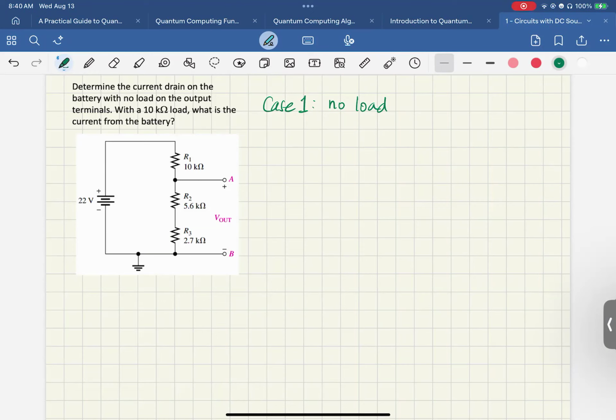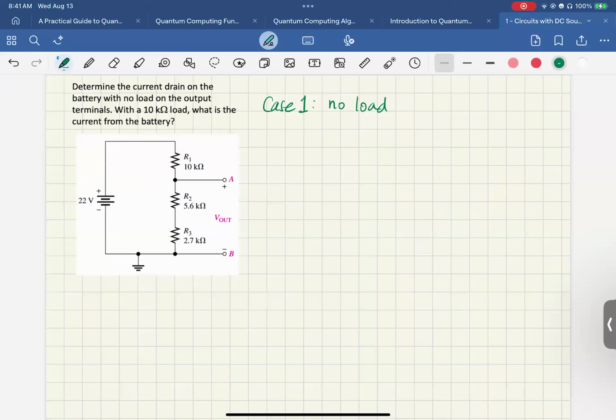Okay. So, ang output dito is across A and B. We want to find out the output between A and B. And by this time, medyo familiar na kayo sa voltage divider na circuit, and hopefully naintindihan nyo na rin kung paano alamin yung output sa isang voltage divider circuit.